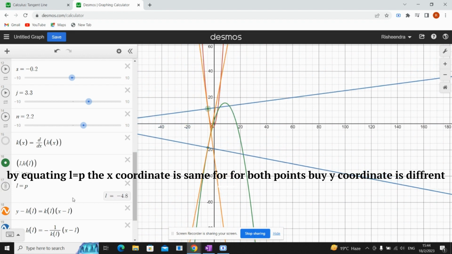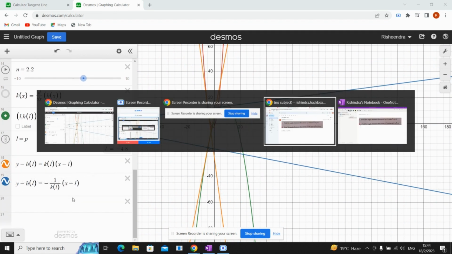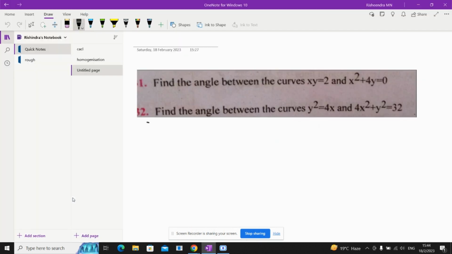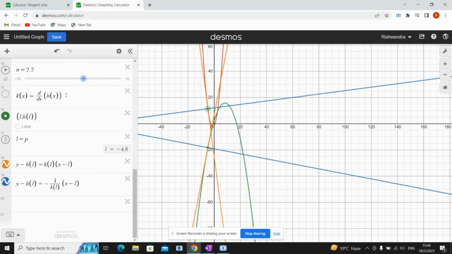But let's jump into a question to check our understanding of it. Okay, look at the question. Find the angle between the curves xy = 2 and x² + 4y = 0. So we have to find the angle between these two curves. First, let's make these two curves.